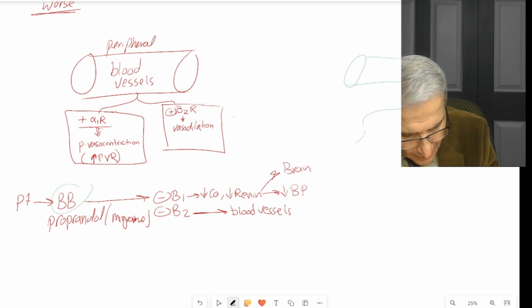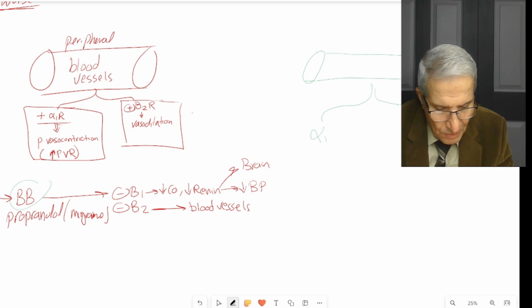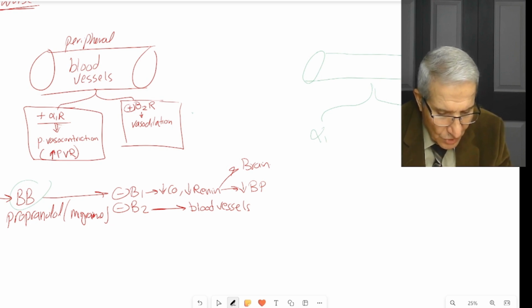So you can imagine now we have a balance, and you block beta 2 in the blood vessels.